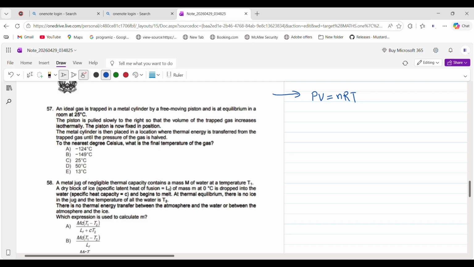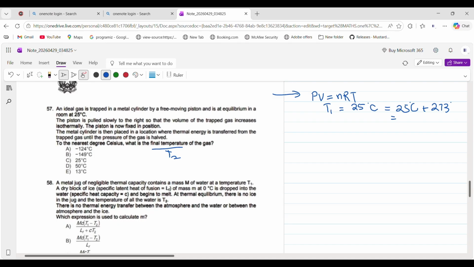So when converting this temperature, and this of course is T1, because T2 is the final temperature they have asked. So they have given us T1, right, which is 25 degrees centigrade. And when converting this into Kelvin, we need to add 273.